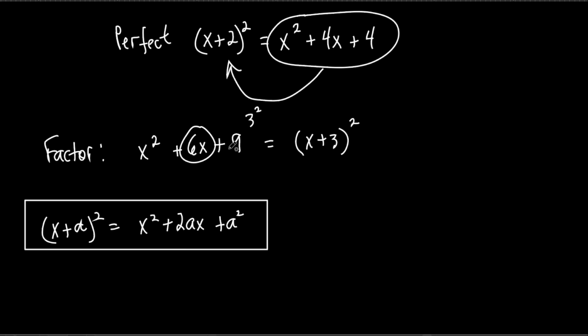If you can do that with this trinomial, then it's a perfect square. You follow me on that? We're going to use that trick with something else later on. But right now, if I take half of this, which is 3, and I square it, and it's 9, that means it's a perfect square. So then I can just write it just like this. You okay with that? Let's do another one.